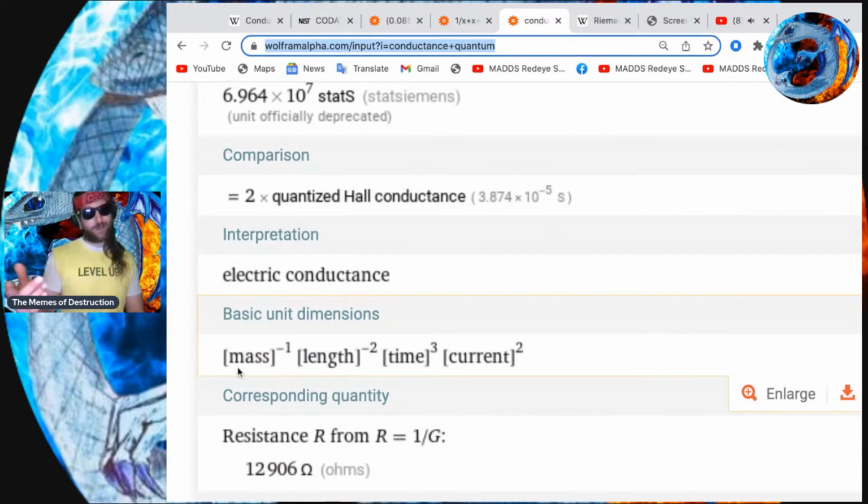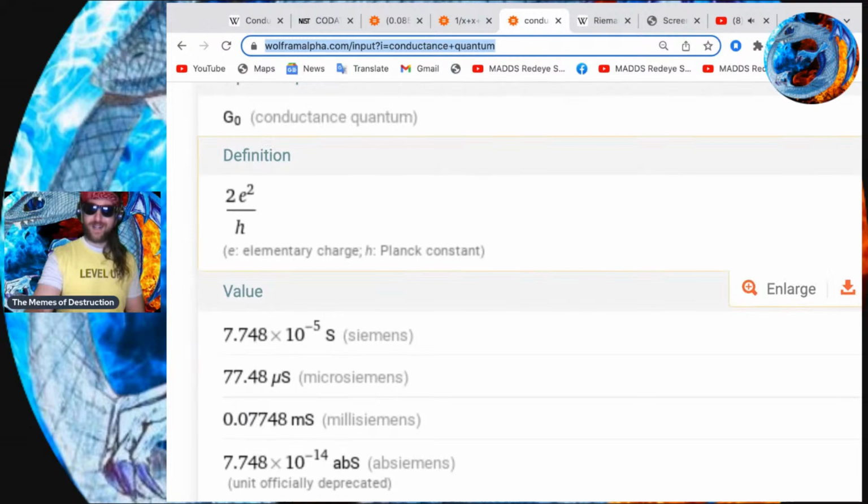It's mass to the negative one. Basically, the negatives are what we are dividing by, and anything positive would just be the numerator. We're looking for mass to the negative 1, length to the negative 2, time cubed, note that, and then current squared. Cool.